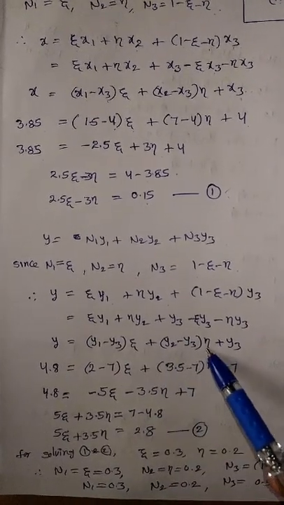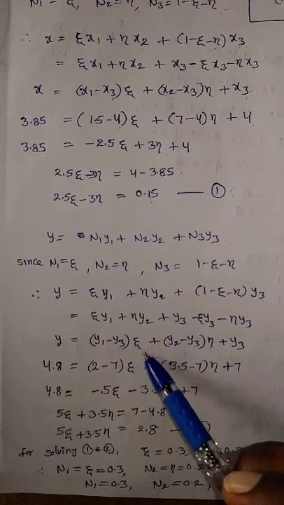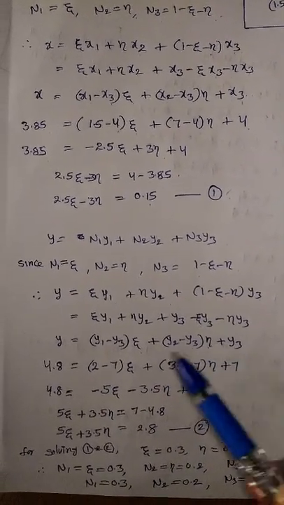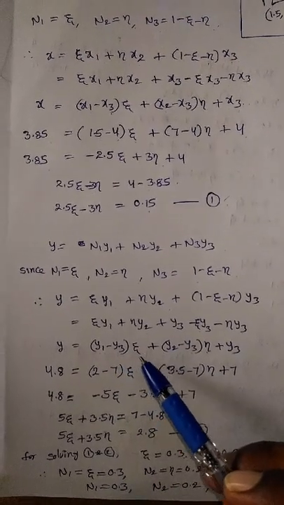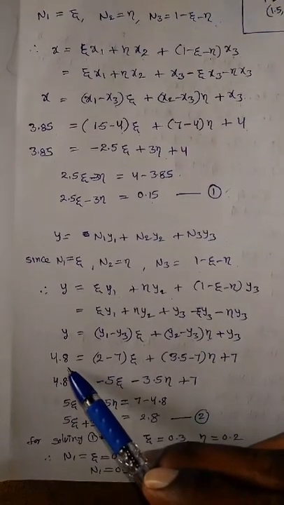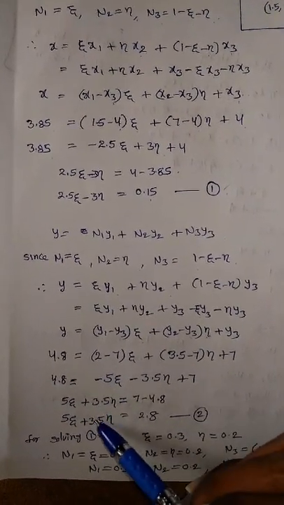Xi is common and eta is common. Therefore y is equal to (y1 minus y3) xi plus (y2 minus y3) eta plus y3.